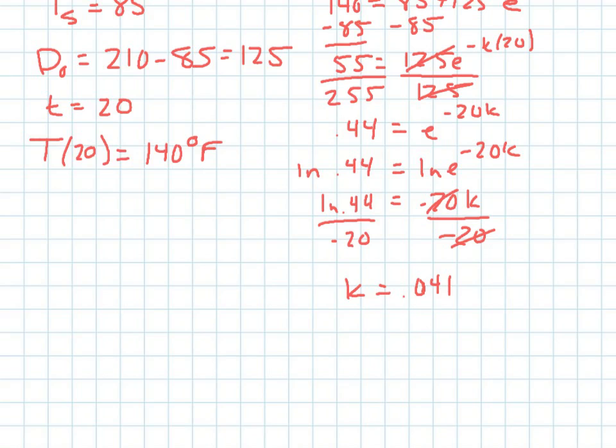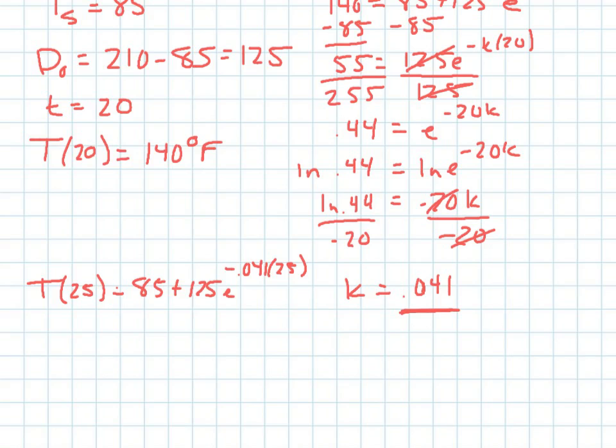Now once I have that, I can go back and plug in 25. So 85 plus 125 e to the negative 0.041 power times 25 up there. Since I have this in my calculator, I want to multiply it out, so start by multiplying. Since your number is positive, just make 25 negative, so you don't have to do an extra step.